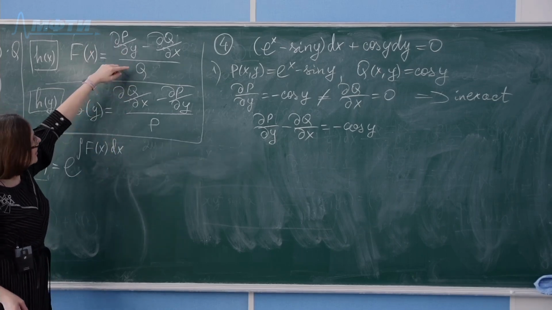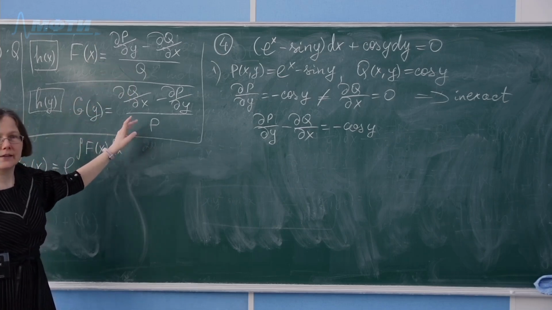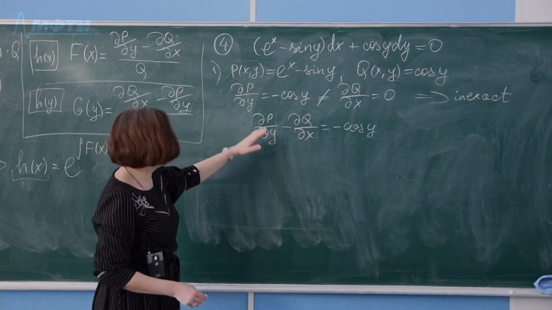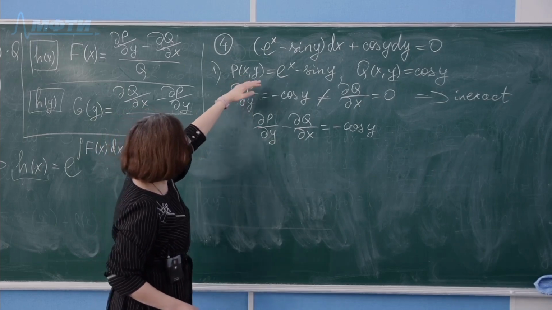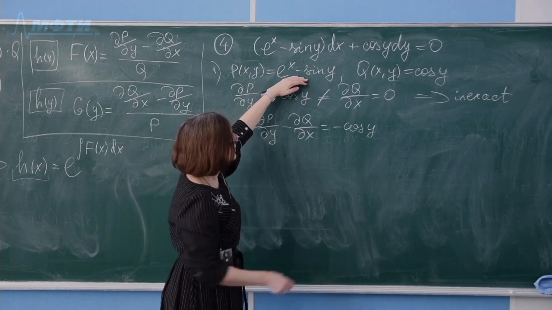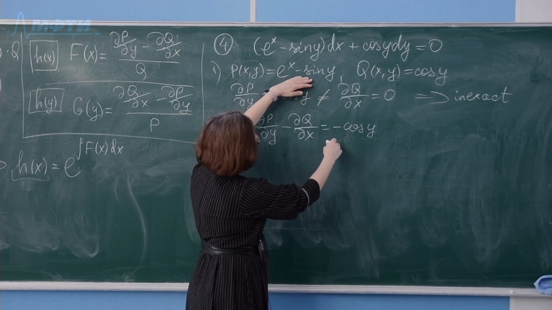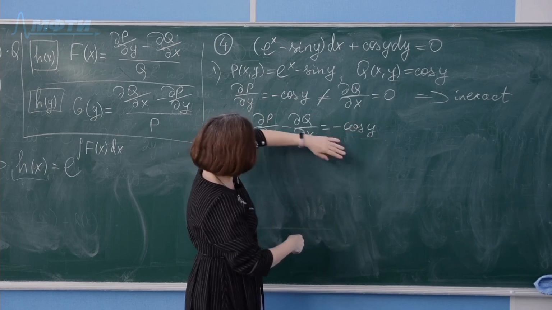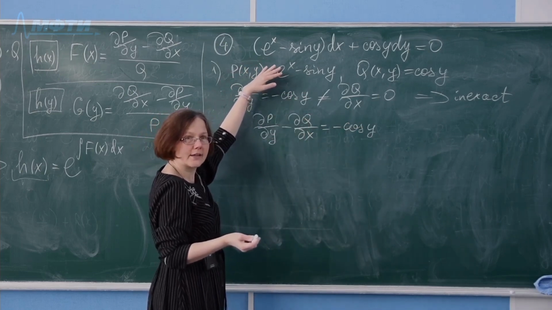But here we divide by q and here by p, right? In our example, if we divide by p, we can't avoid x. So the ratio divided by p will depend on x.